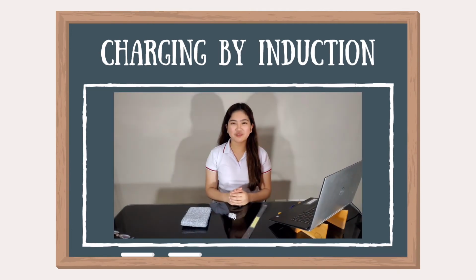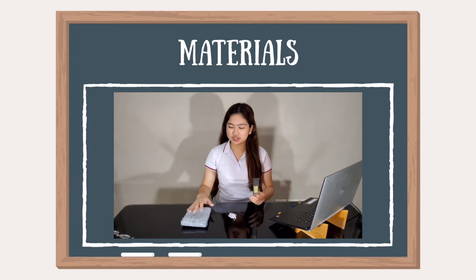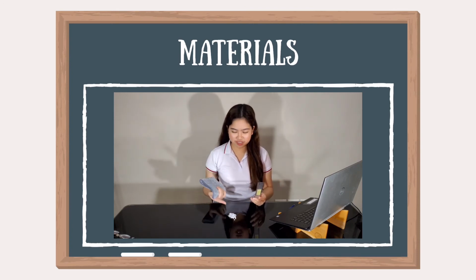Hi, I'm Miss Eliza Hernilia and I will be explaining charging by induction. Charging by induction is charging an object without actually touching it to another object. For this experiment, you will only need three things: a ruler, wool, and bits of paper.